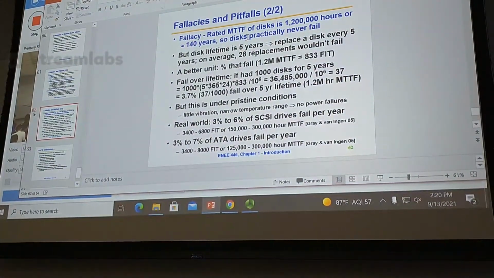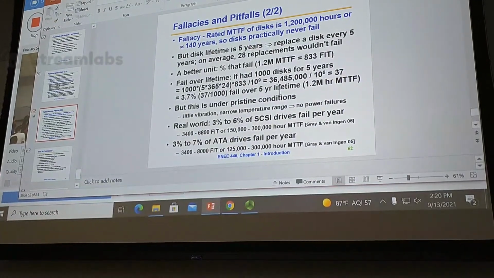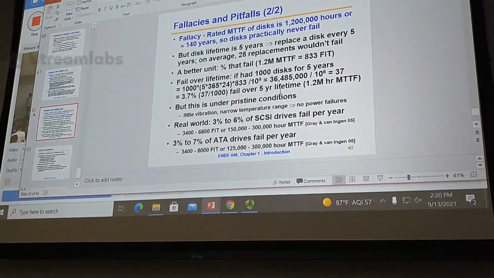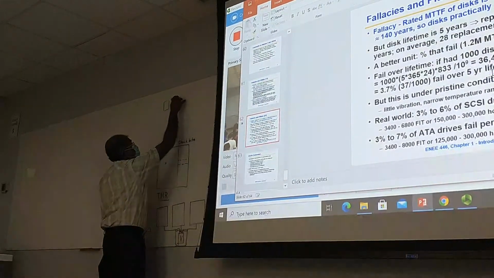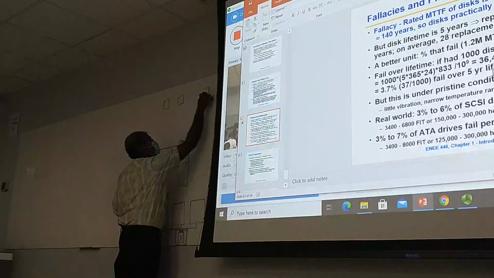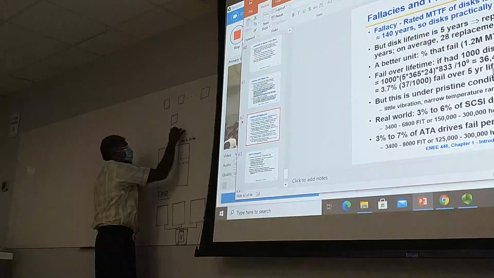Okay, continuing in that theme, we made a calculation earlier for these 10 hard disks and one disk controller and one power supply.